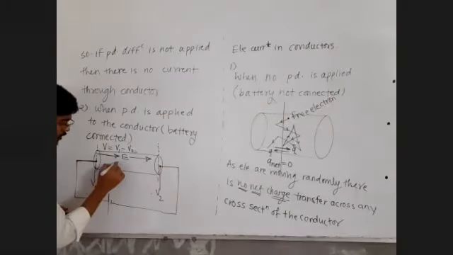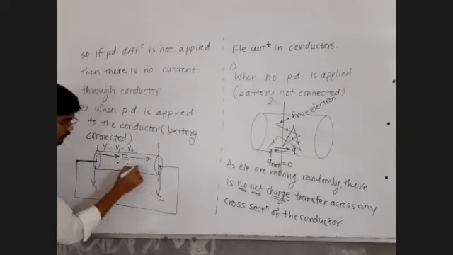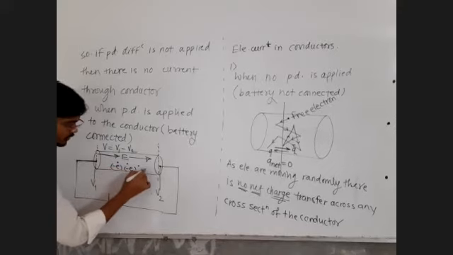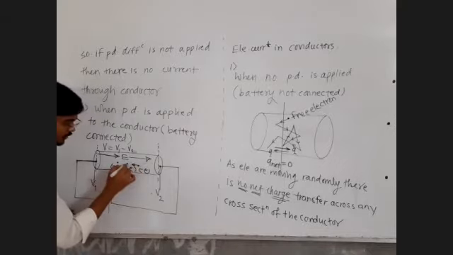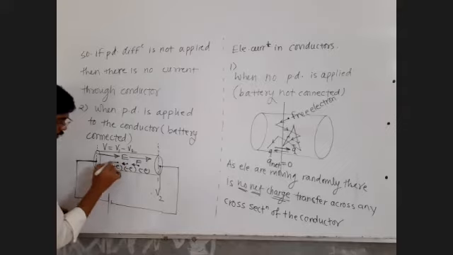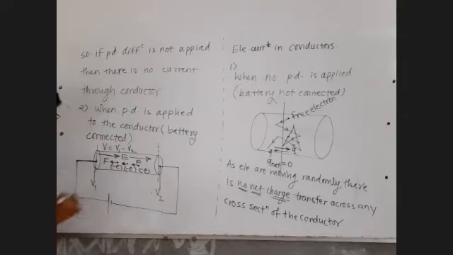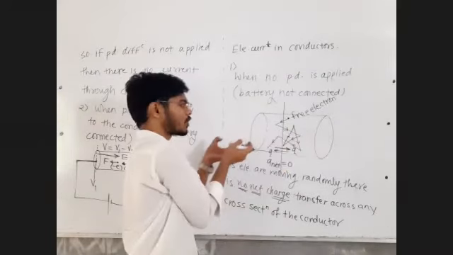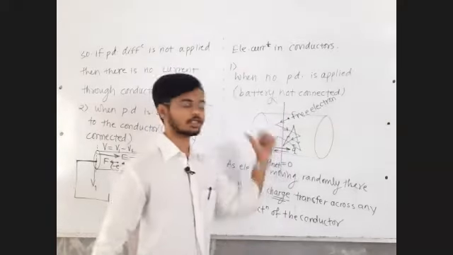So all these electrons will experience a force in the negative direction, opposite to the electric field. Because of that, there will be net transfer of electrons in the opposite direction of electric field.